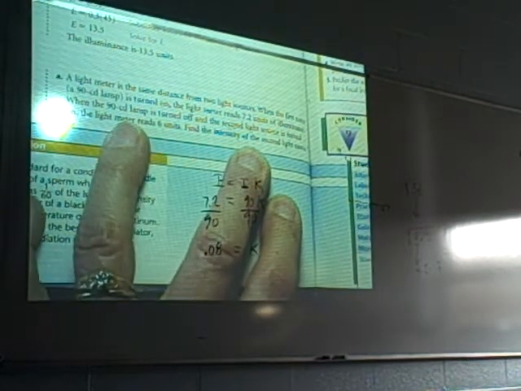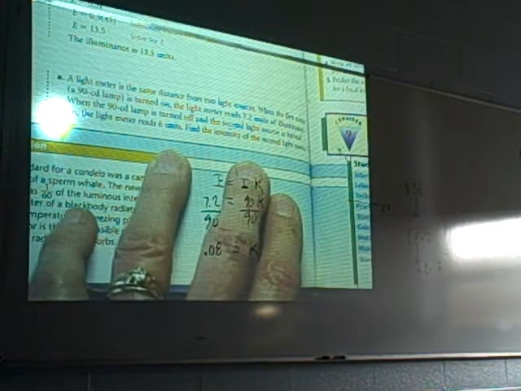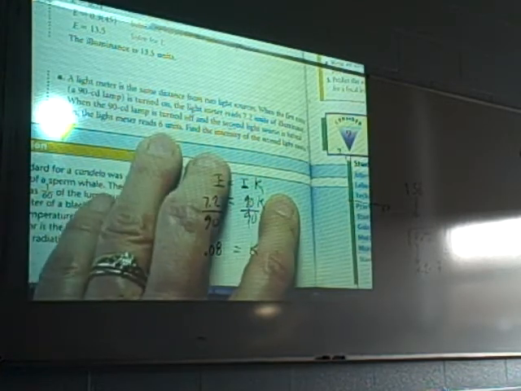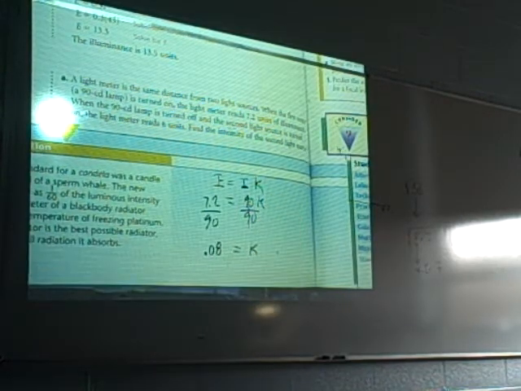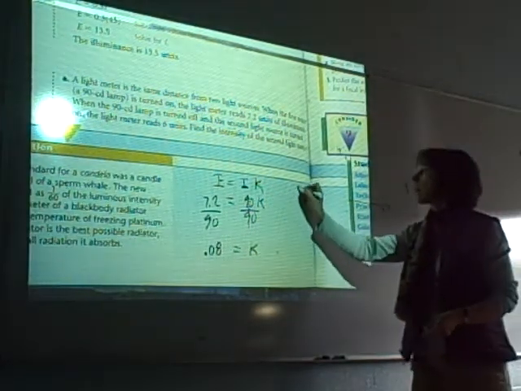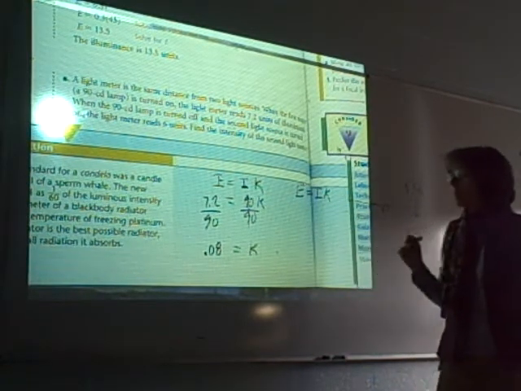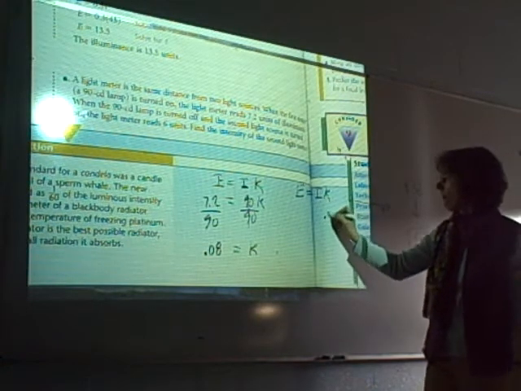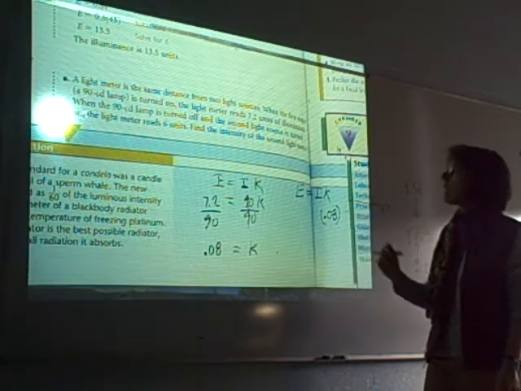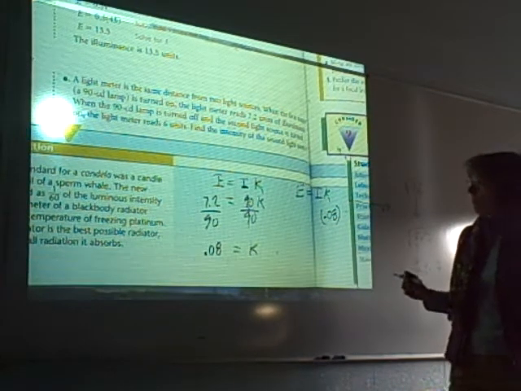When the 90 CD lamp is turned off and the second light is turned on, the light meter reads 6 units. Find the intensity. So what do we have again? We have the same thing. Do we know what the constant is? Yeah, 0.08. Find the intensity. So E is 6.